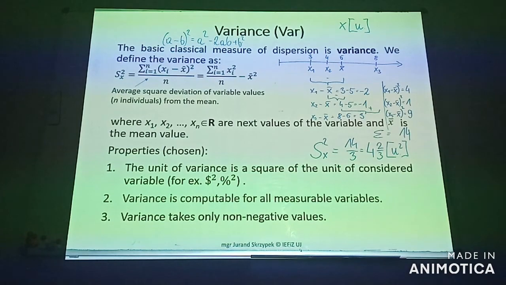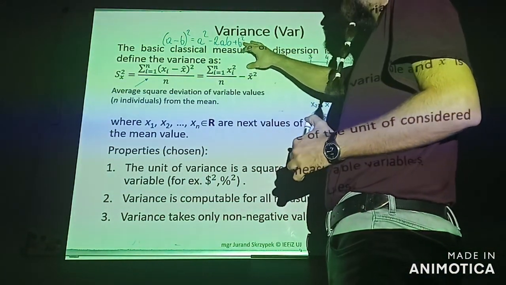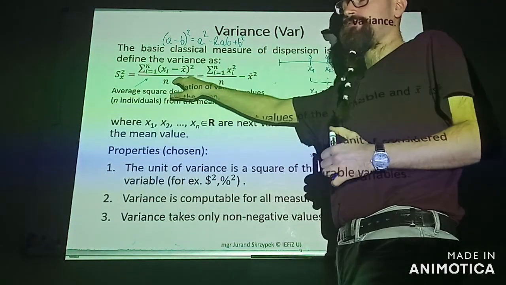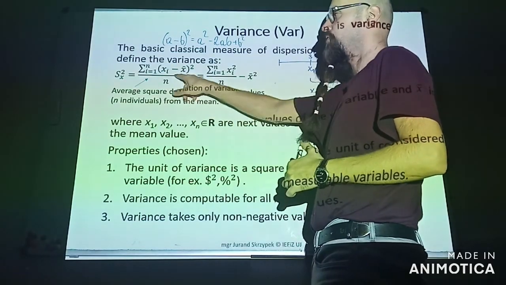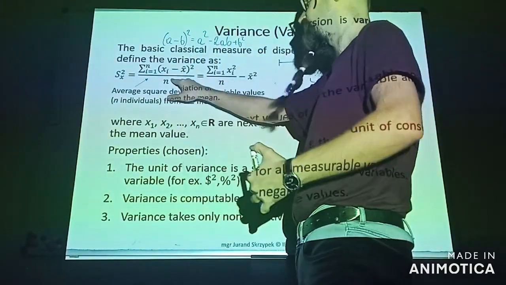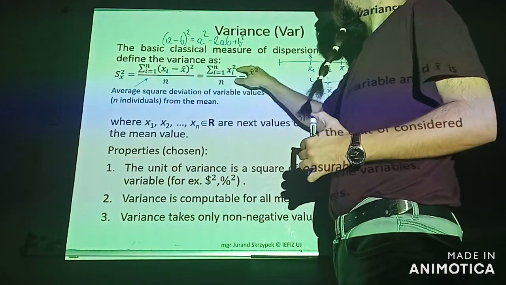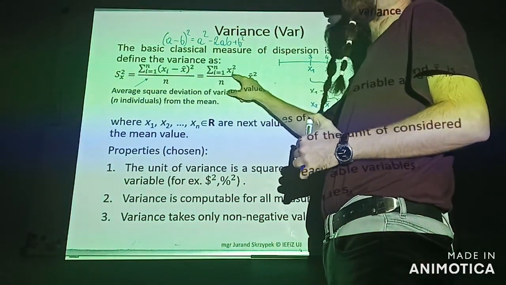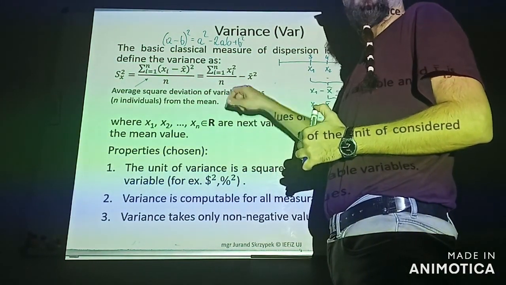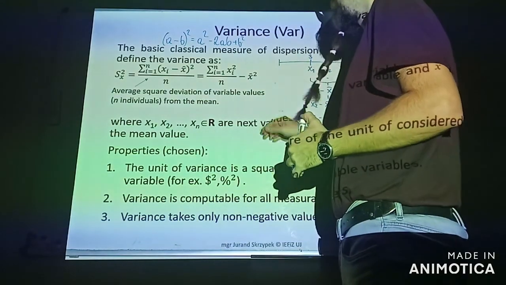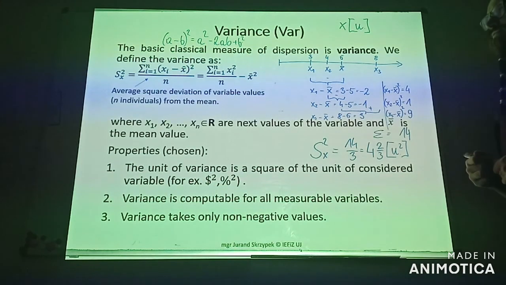We can utilize this simple property in the formula of variance, and we can transform this form of the formula into that simpler form, in which we have the average square of the variable values minus the arithmetic mean squared.